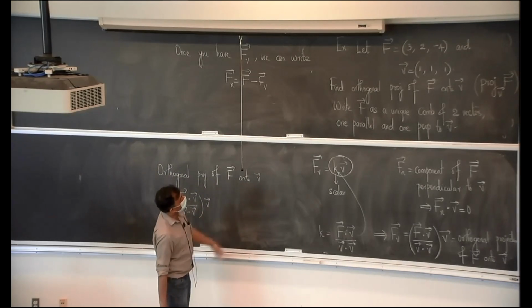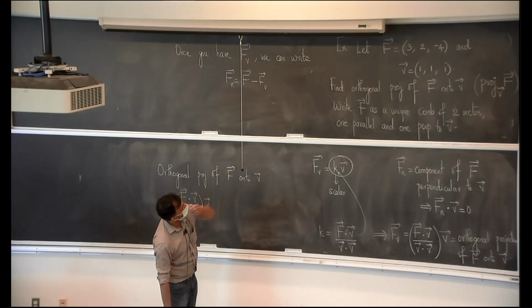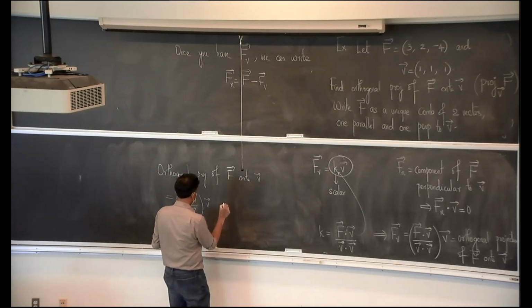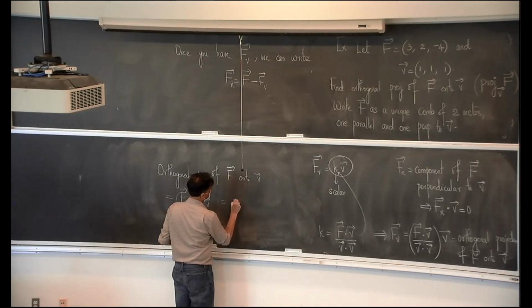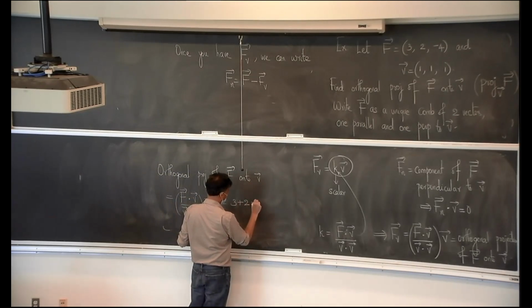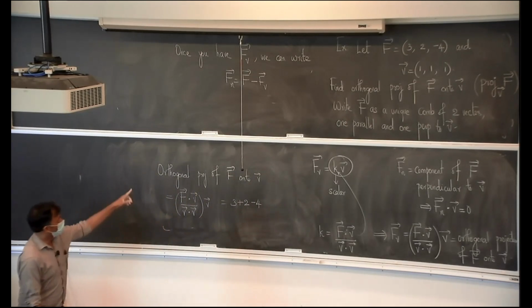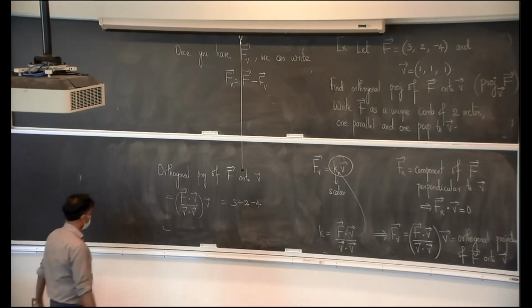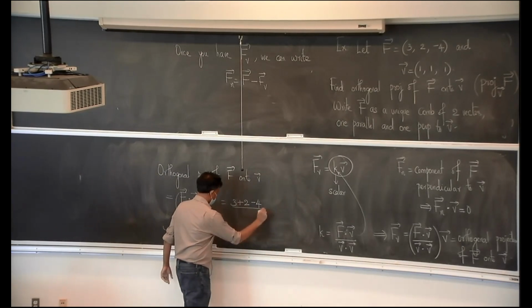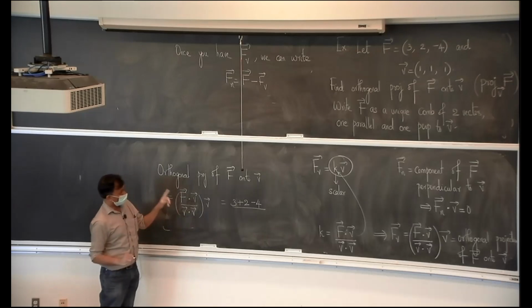Well, you know how to find F dot V for those things. We've been doing it for a while now, so it's going to be 3 plus 2 minus 4. That's 1. Let me write it here so that you won't think that I did some kind of black magic there. So it's 3 plus 2 minus 4, divided by V dot V, which is just the dot product of V with itself.